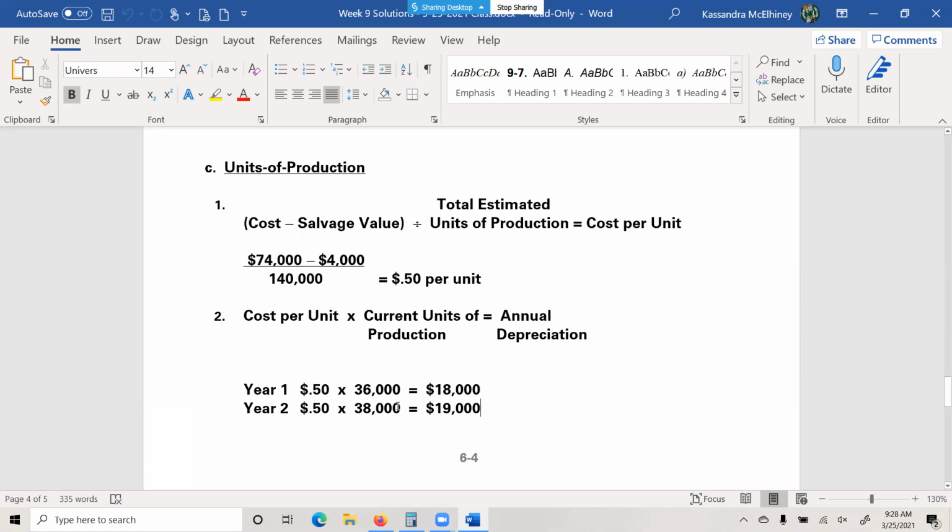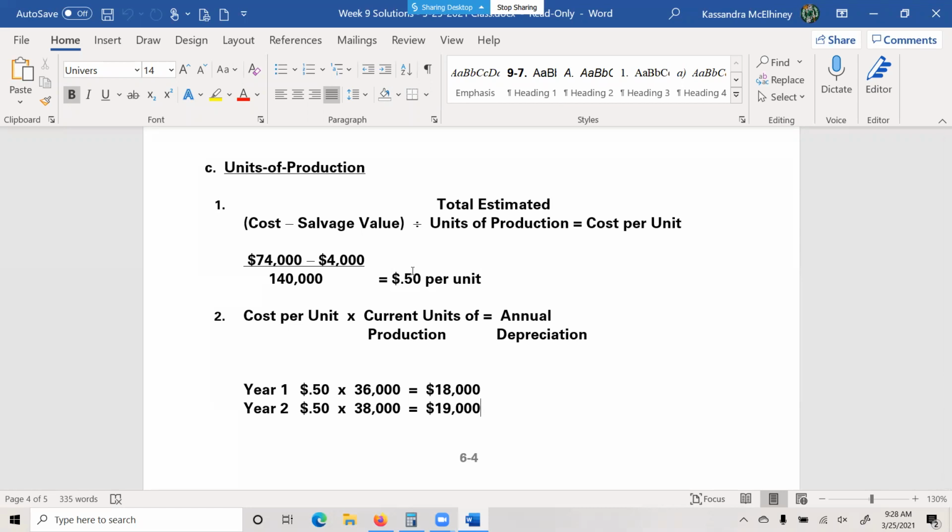So year two, we got a little bit more out of the equipment in terms of units, 38,000 units produced using this piece of equipment. So same depreciation rate calculated in year one times our number of units produced.